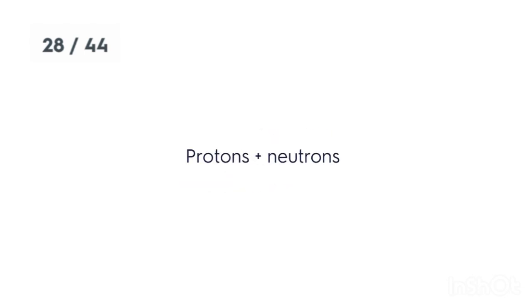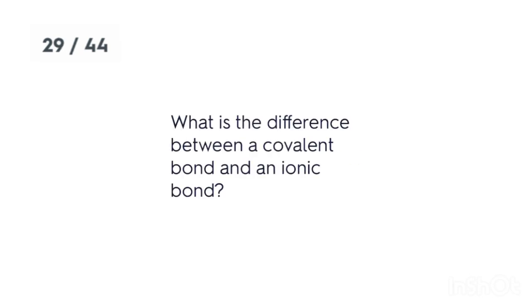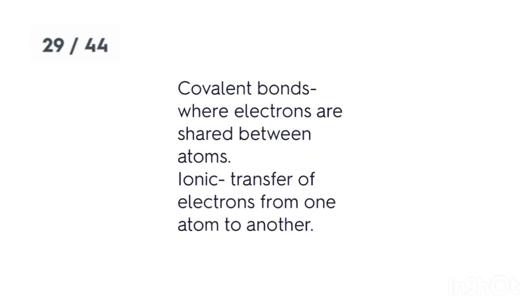Protons plus neutrons. What is the difference between a covalent bond and an ionic bond? Covalent, bonds where electrons are shared between atoms. Ionic, transfer of electrons from one atom to another.